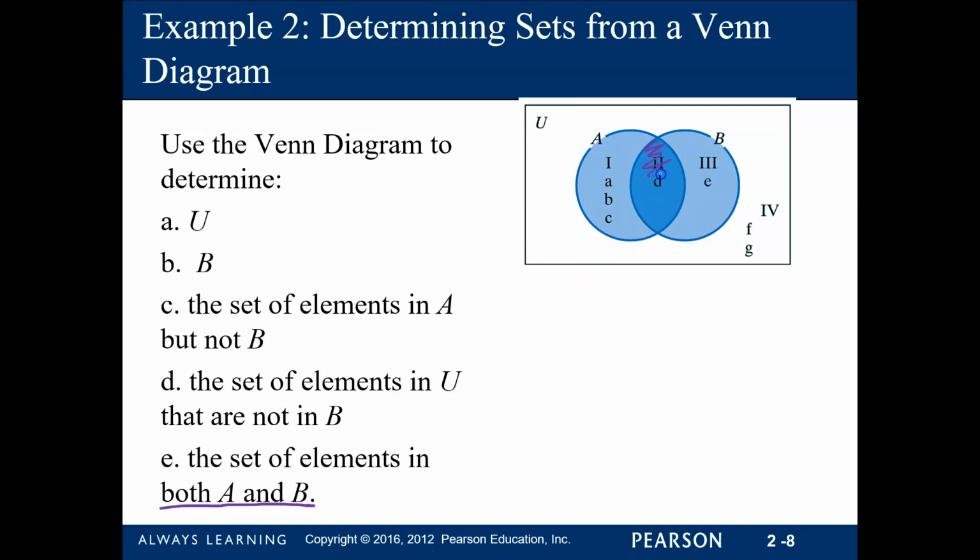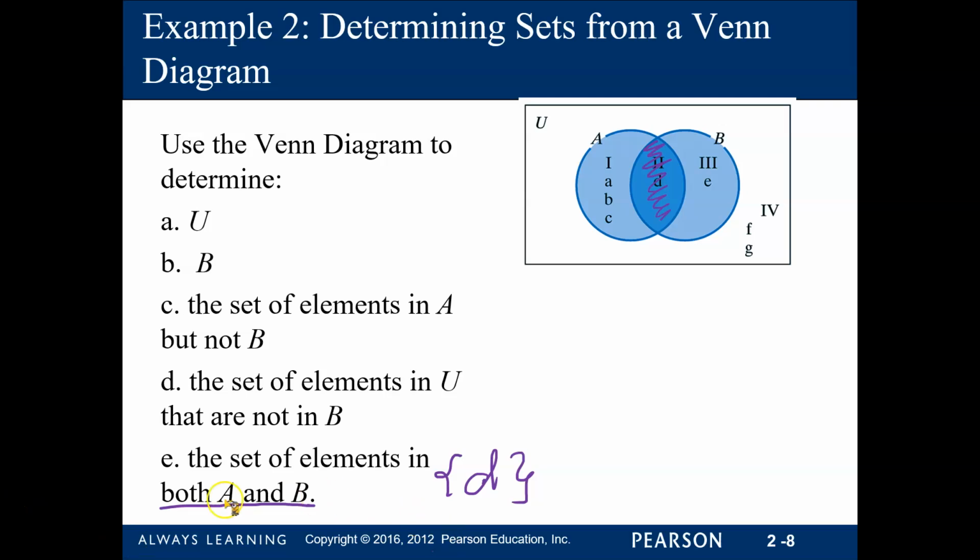So this area here is found in set A and also in set B. So the answer to letter E here is D. So that is how you can find the different elements being asked about based on your Venn diagram.